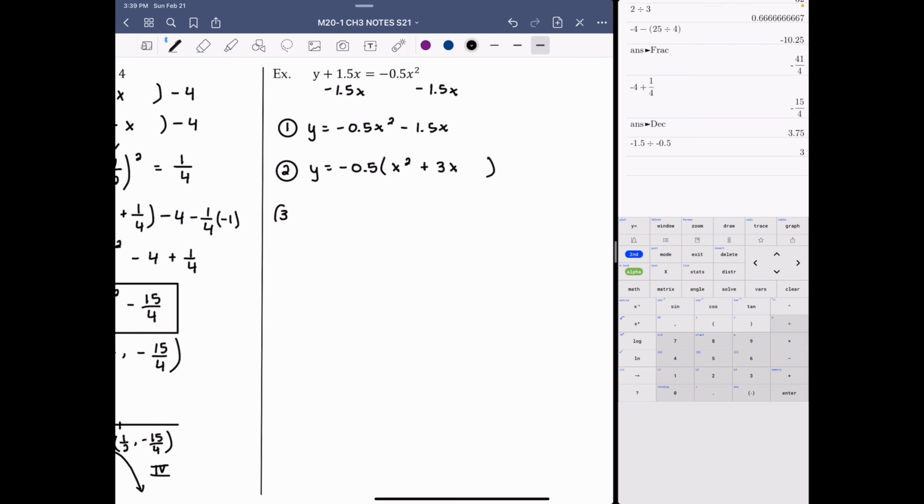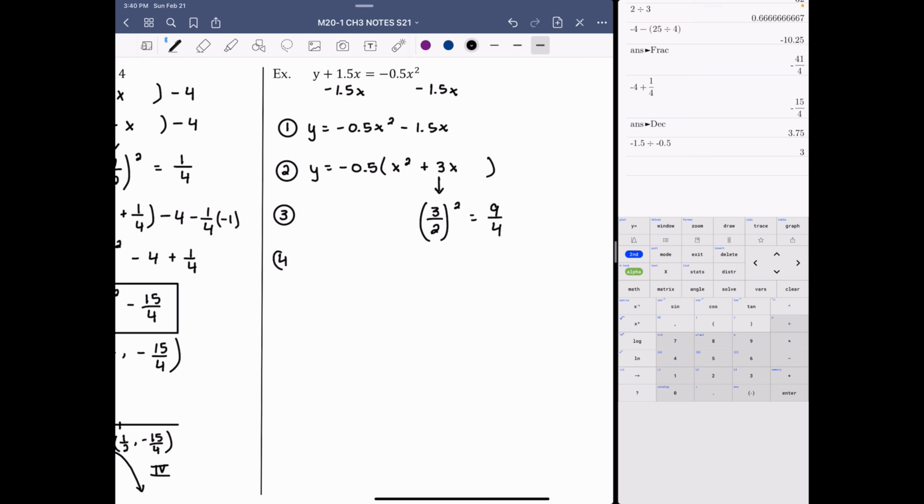Step 3, take the second term coefficient, divide it by 2, and square it. We'll leave it as a fraction, and we'll square it. 3 squared is 9, 2 squared is 4, so 9 over 4.